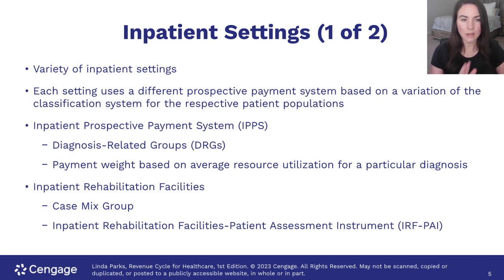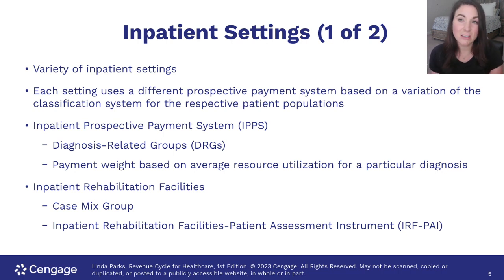So anyways, acute inpatient hospitals use the inpatient prospective payment system or IPPS, and it's based on diagnosis-related groups or DRGs. If you're in medical coding, you're going to learn all about DRGs, but these group patients that have similar diagnoses and treatments, similar ages, similar length of stays together in one category.